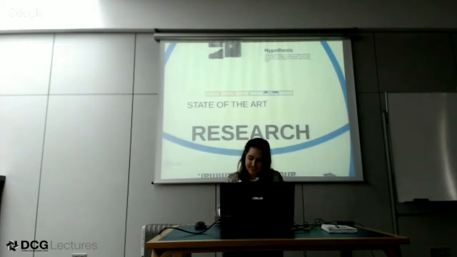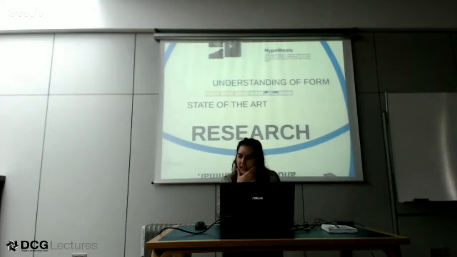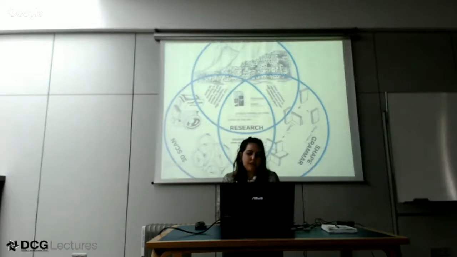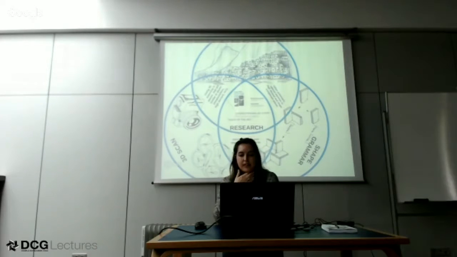First of all, the state of the art, and the second one, understanding of form. The state of the art will be done in the intersection between the three themes, like between 3D scan and slums. We are looking for references that use 3D scan in places that are similar to slums, inaccessible and high density.